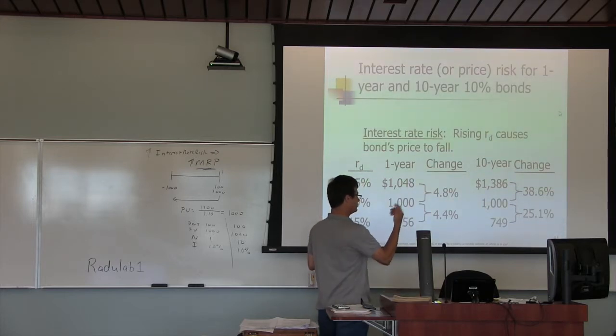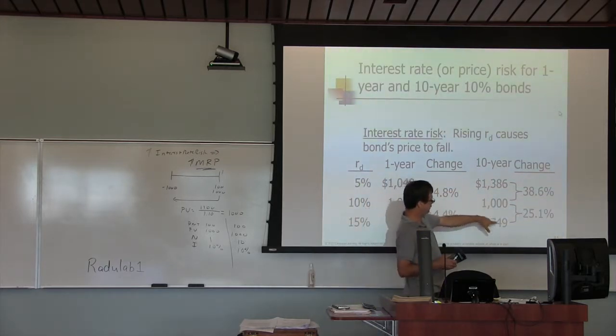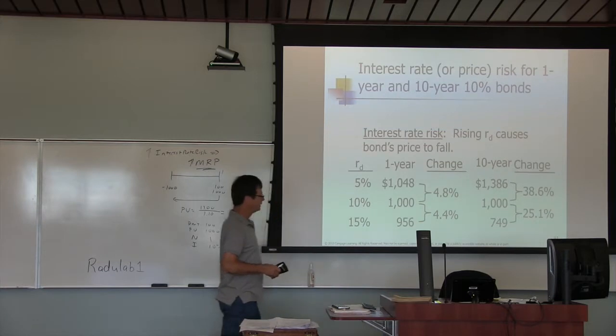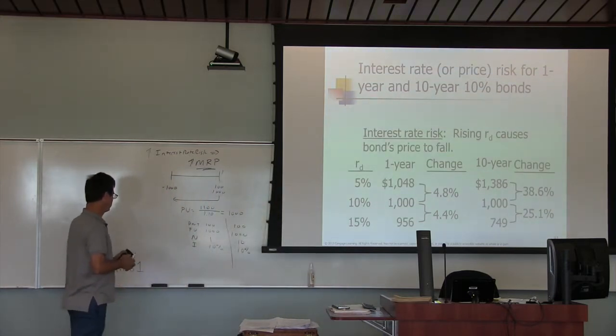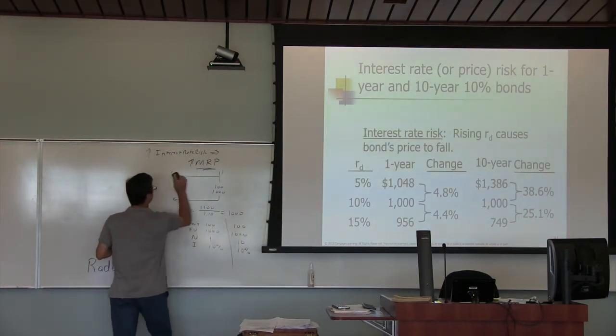And they show the percentage changes here on this, right? So I'll just do the 10-year bond there where we have the drop in the price. Right?